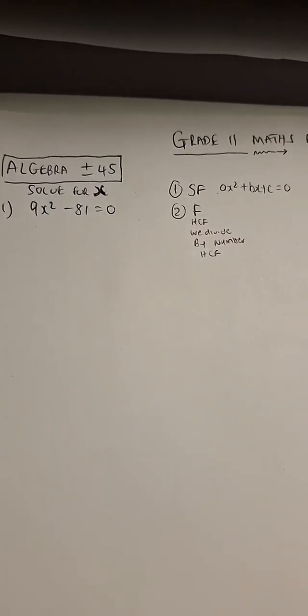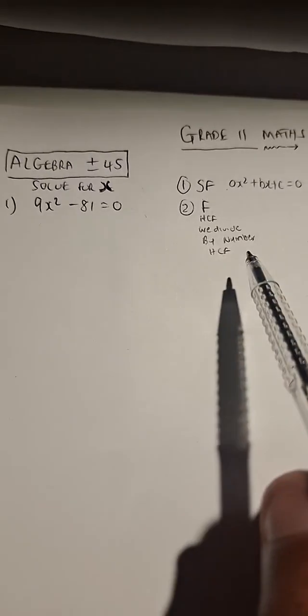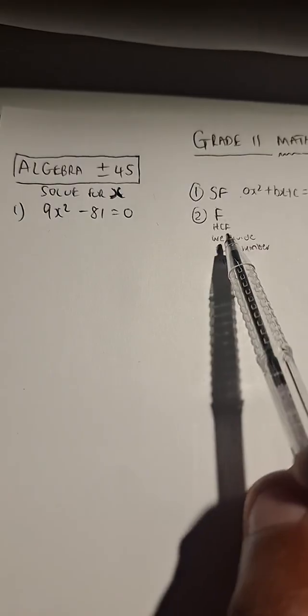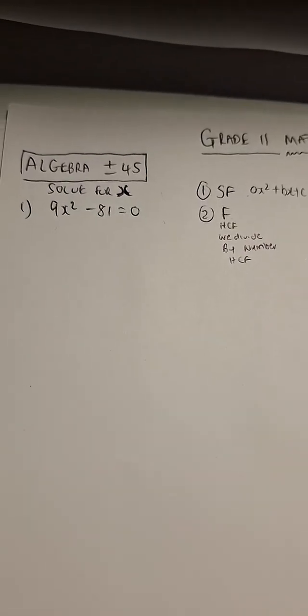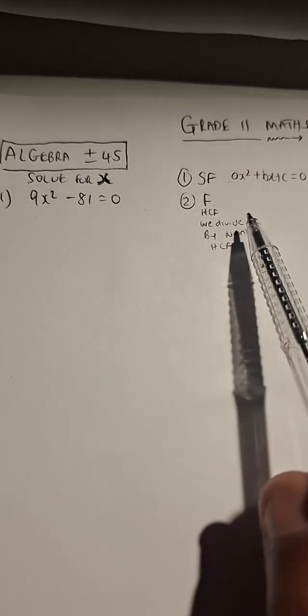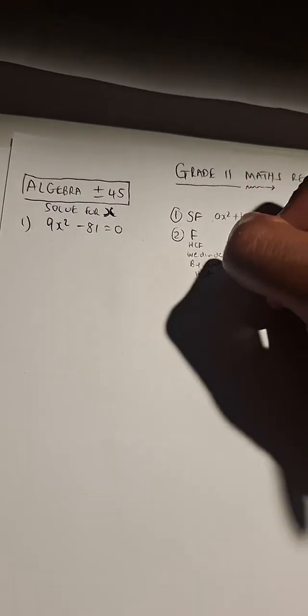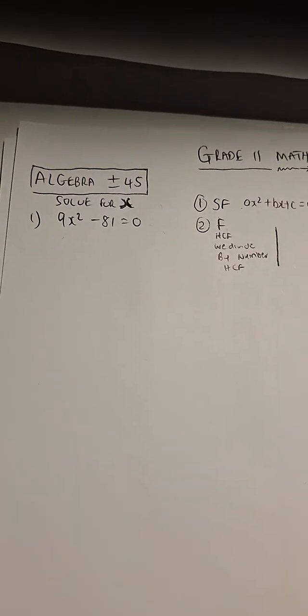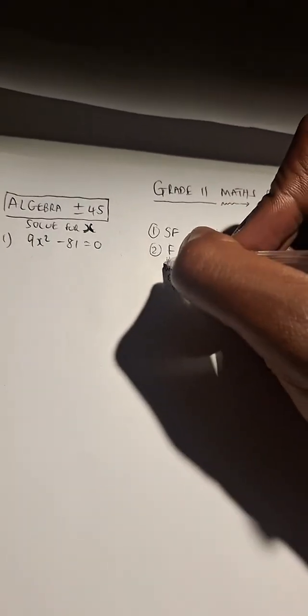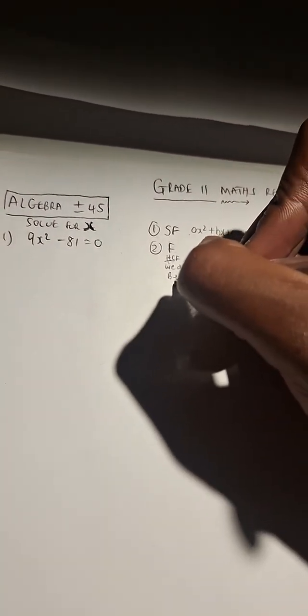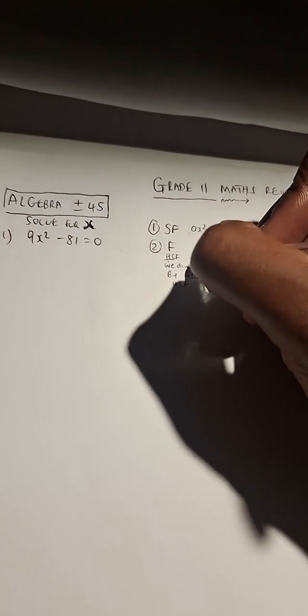We would take it out and keep it out and not divide by it if the highest common factor was a what? Was a number with a variable. But if it is a number, guys, we just simply divide by that highest common factor. So if that highest common factor is a number, we divide by the number highest common factor.